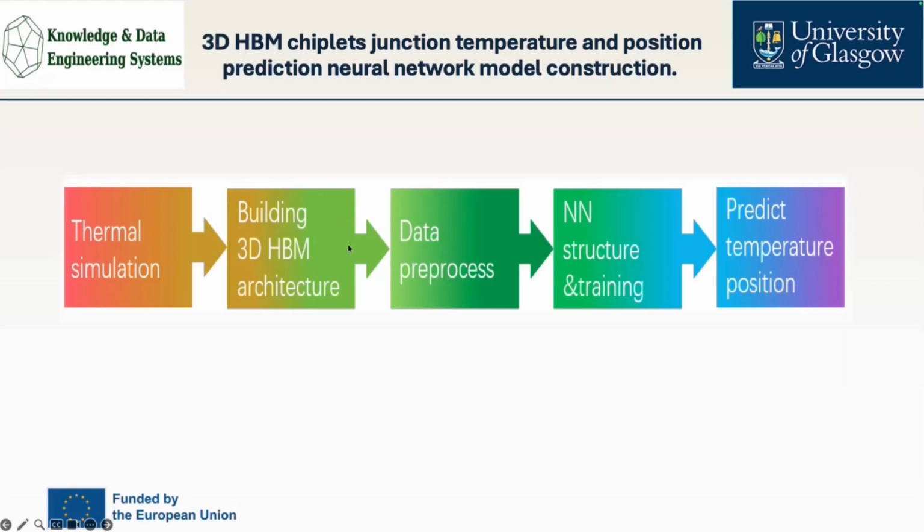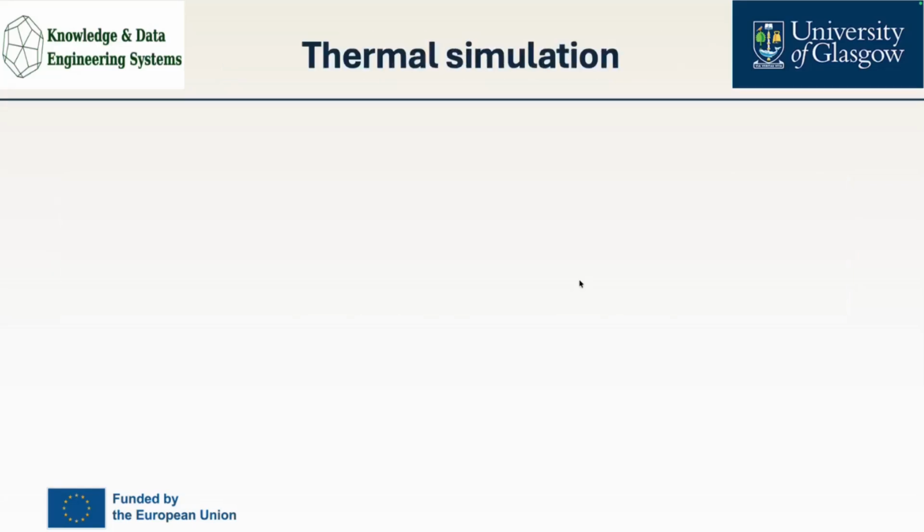Then we will do data preprocessing of the thermal simulation so the neural network can work on this data. Then we will see the neural network architecture and training. Then how the temperature and position prediction works.